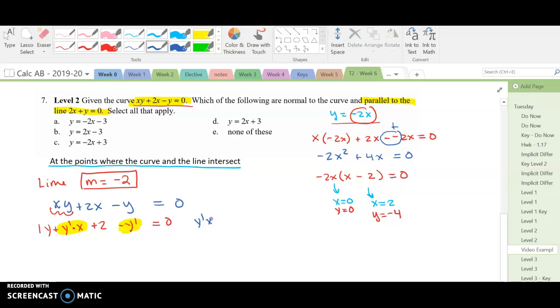Y prime x minus y prime equals negative 2 minus y. Factoring out that y prime, we get x minus 1. And so we'll divide by x minus 1. My slope, m, equals negative 2 minus y over x minus 1.